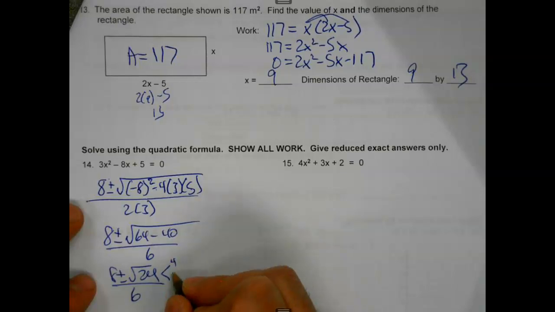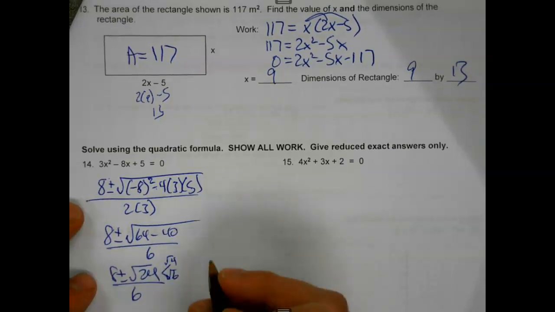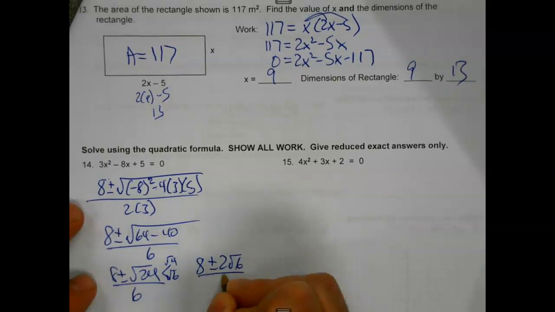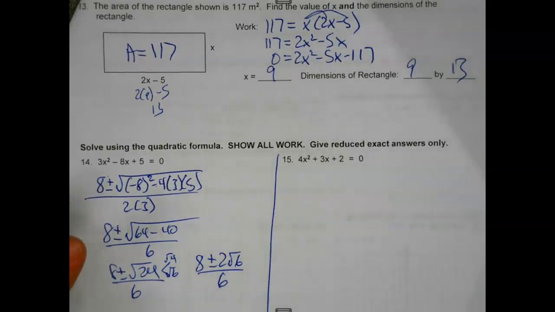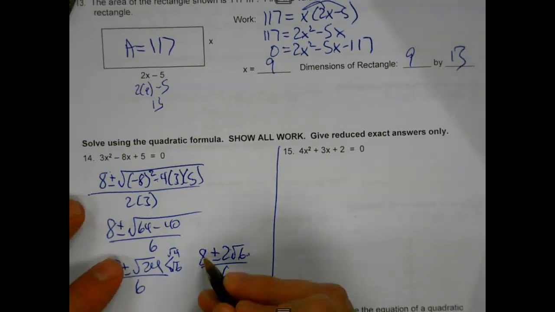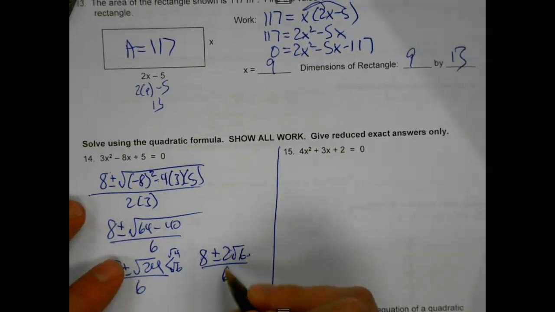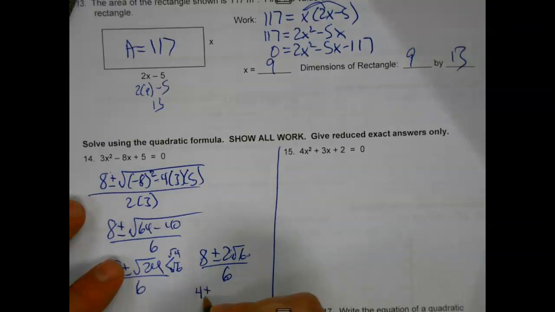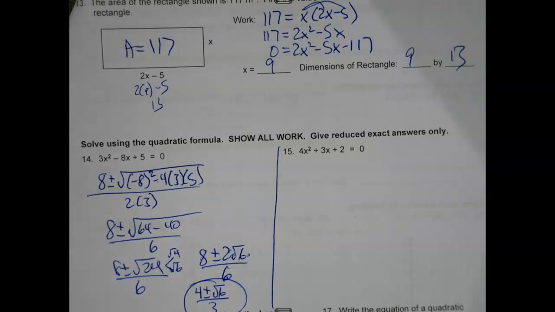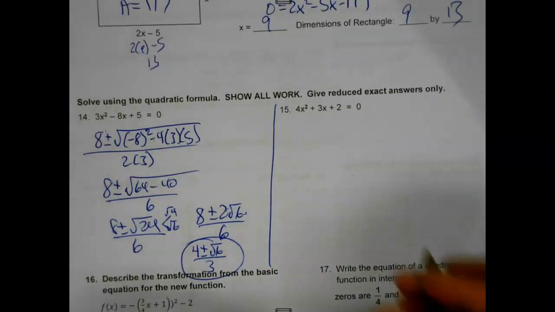All right. Oh, let's see. 8 plus or minus 2 square root of 6 over 6. Now that's great, but just the stuff outside, not under the radical. Leave that alone. If this stuff's all divisible by something, you need to go one more step to get to your answer. So we'll play it back again.